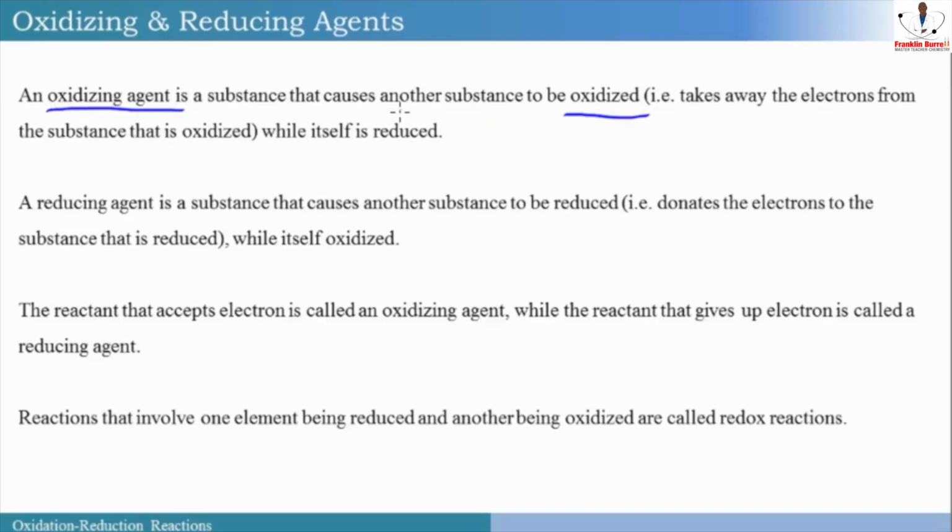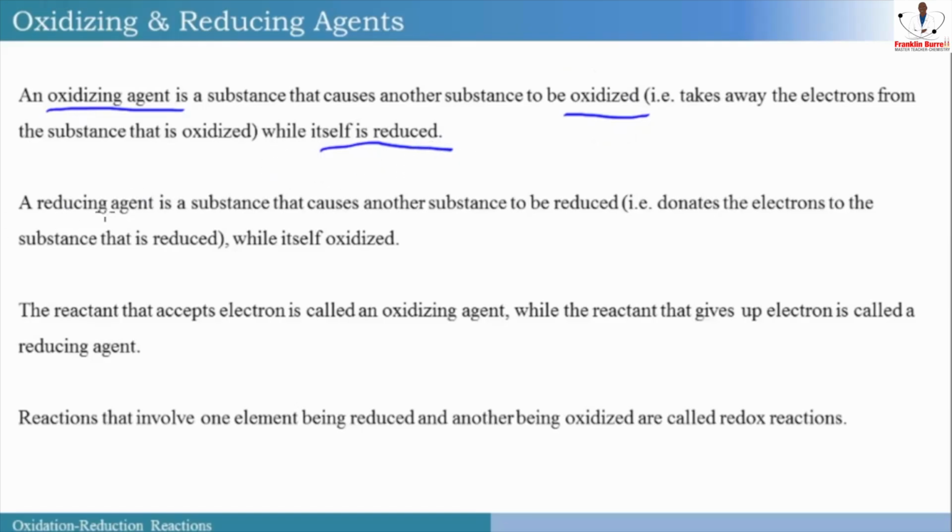Now, if it is taking electrons, then itself is being reduced because it is gaining the electrons. So the simple definition is an oxidizing agent is a substance that causes another substance to be oxidized while itself is reduced. Remember, the oxidizing agent is causing the other substance to lose electrons by gaining the electrons. So itself will be reduced.